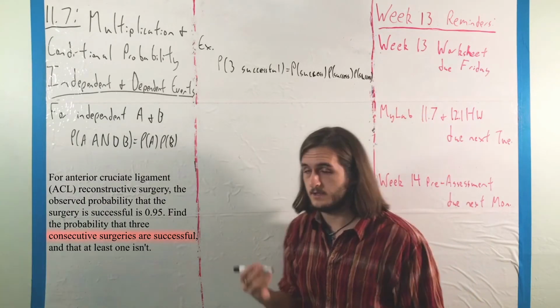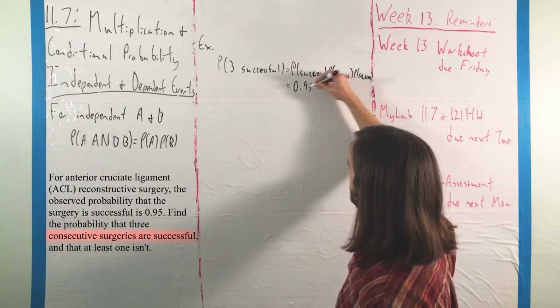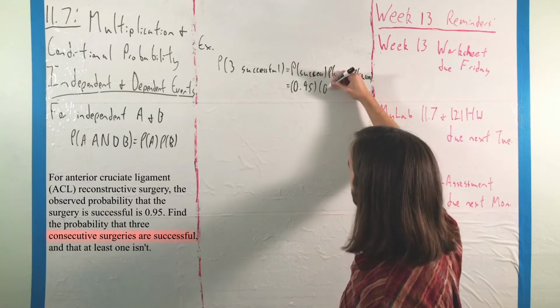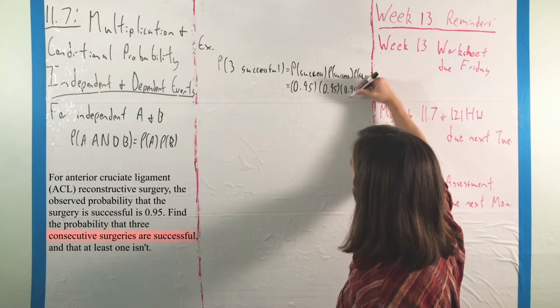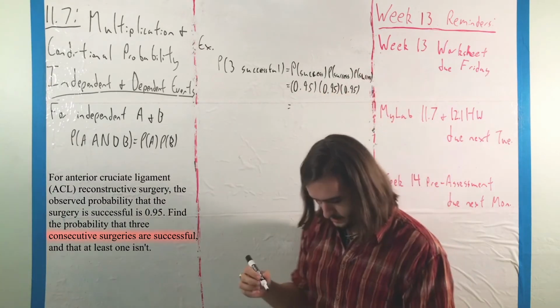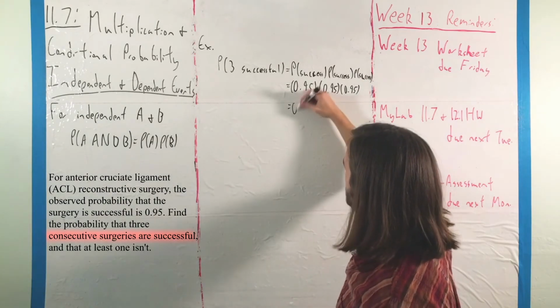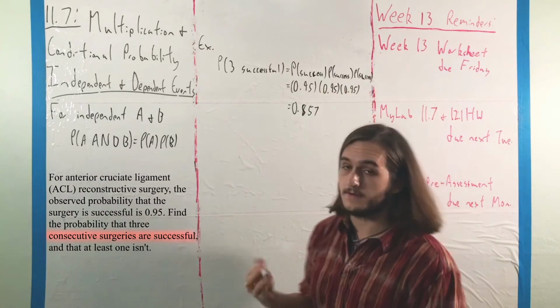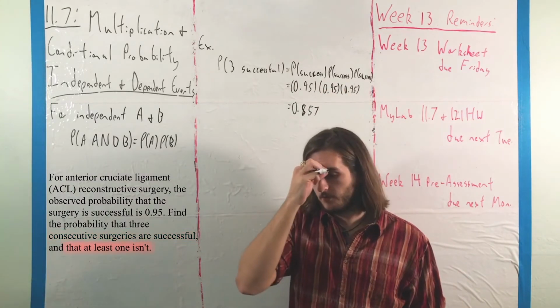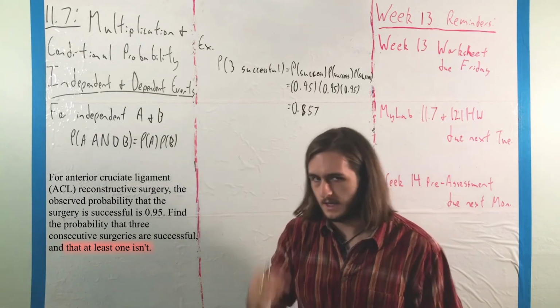So if we want to find the probability of all 3 succeeding, you just multiply the 3 probabilities together, which would give you a total probability here of about 0.857.